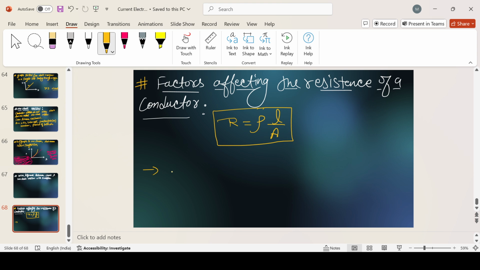Okay, the first one is the length of the conductor. That is what?